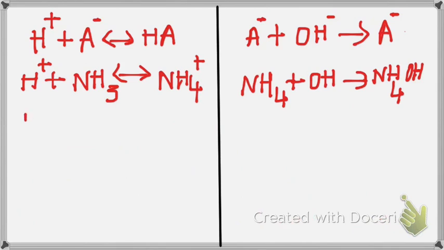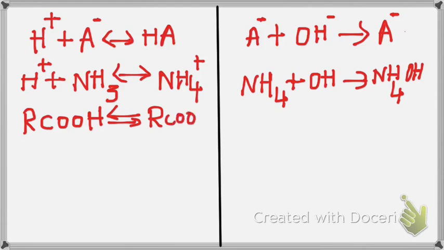Consider a weakly acidic drug, aspirin. It exists in equilibrium between the ionic form and the non-ionic form. So when the aspirin enters into the acidic pH, in the stomach, it is saturated with more number of protons since it's an acidic medium.